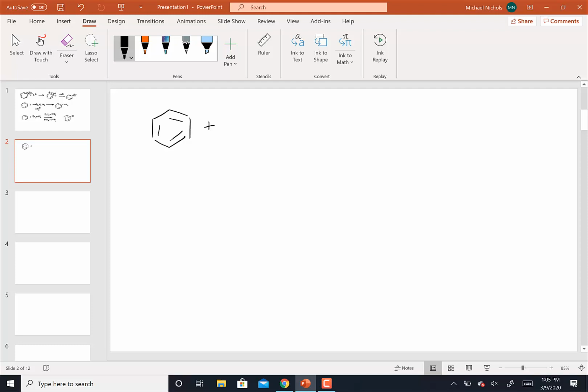The third one we talked about, SO3, H2SO4. When we mix SO3 with H2SO4, I'm going to protonate the SO3. That's going to generate HSO3 plus, which generates a sulfonic acid, the SO3H.